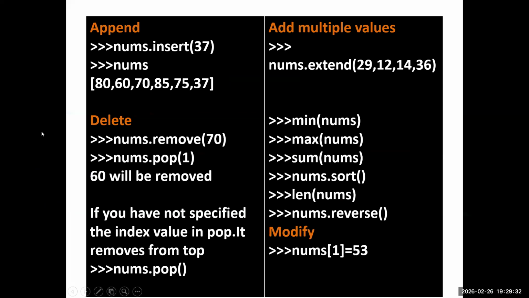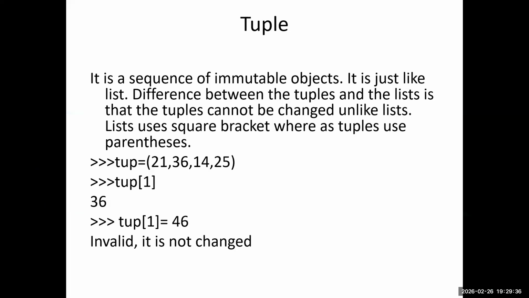This list is mutable, so you can change the value. Modification is applicable in a list. But a tuple is a sequence of immutable objects, so once you define a value, it is not possible to change. For example, assigning a register number to a student. Is it possible to change semester to semester?